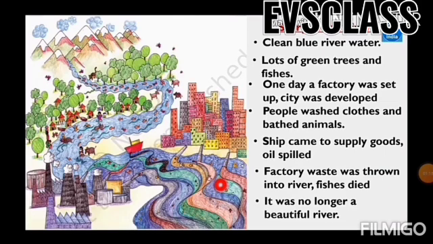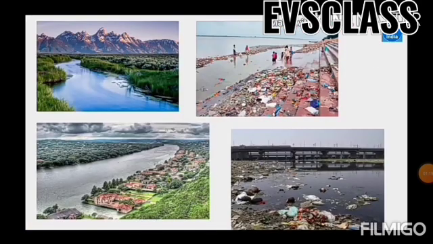My dear students, you know that the story of the river is not fake, it's true. Nature gifted us a clean, beautiful river. But when this clean water enters our area, you know what happened? It becomes polluted.